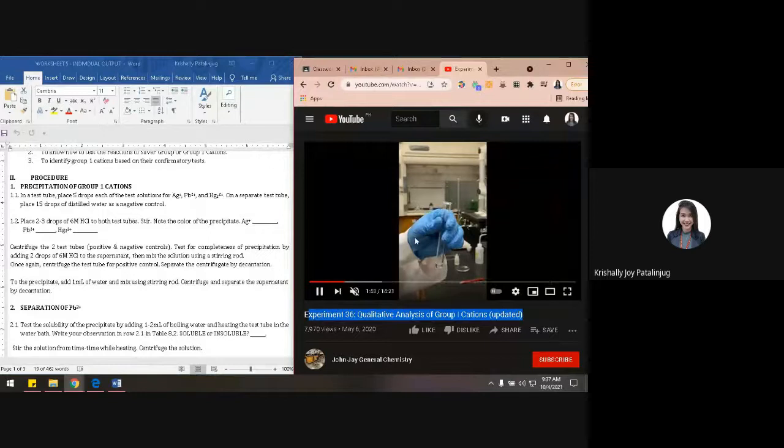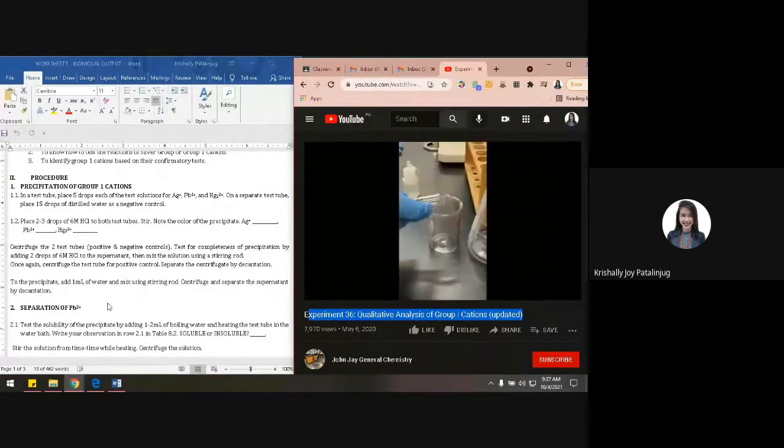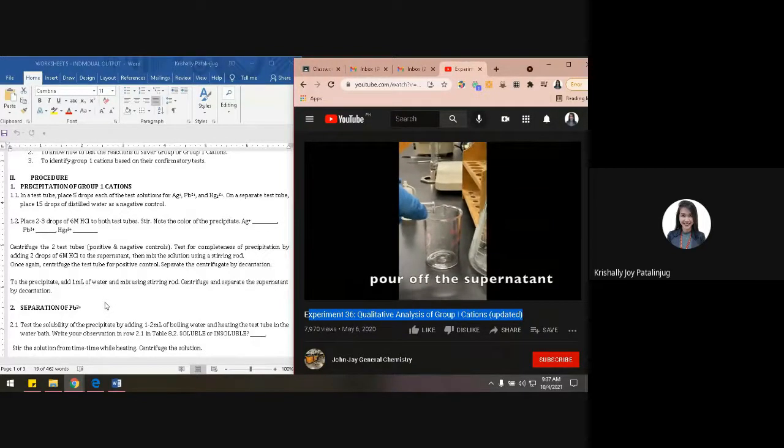Okay, let's proceed. To the precipitate, the white precipitate, add water. So first pour off the supernatant, which is also the filtrate. The supernatant, also known as the filtrate, is the upper liquid portion.